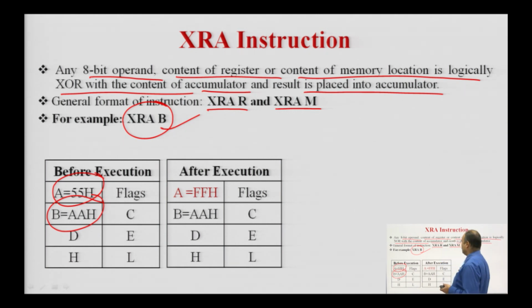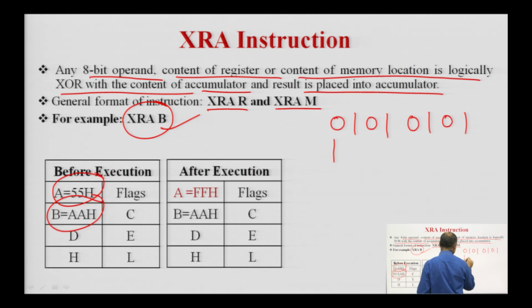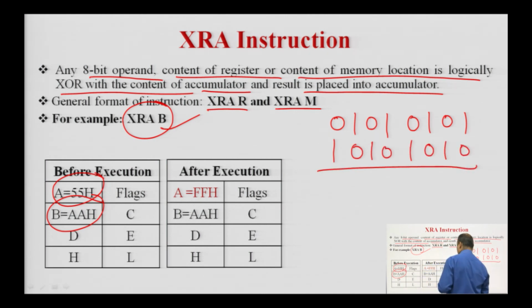The microprocessor will perform the logical XOR operation between the content of the A and B registers. Here, 0101 0101 is the content of the A register and 1010 1010 is the content of the B register.